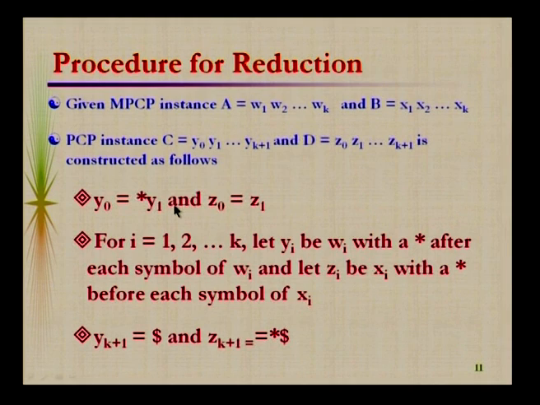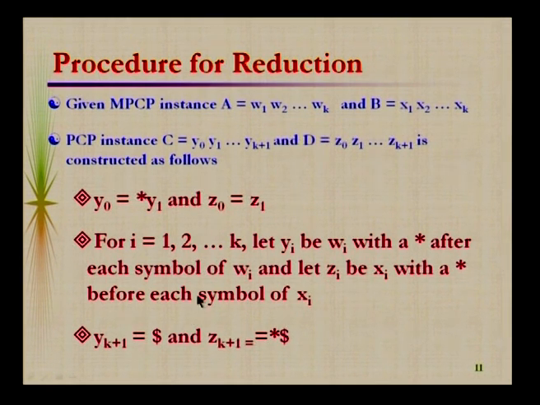This is the first condition for transforming an MPCP instance into a PCP instance. And the last one is how we form the k plus 1th pair in C as well as D. The string yk plus 1 is simply dollar, and zk plus 1 is star dollar. This is how we form the last pair in the equivalent PCP.